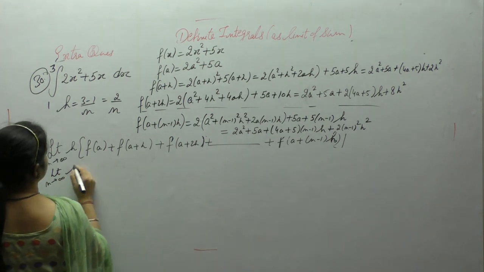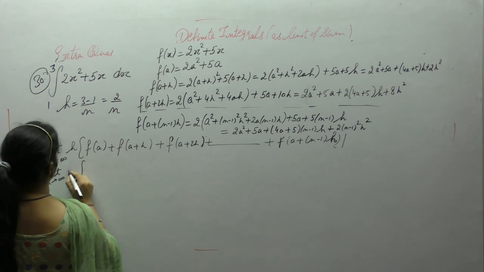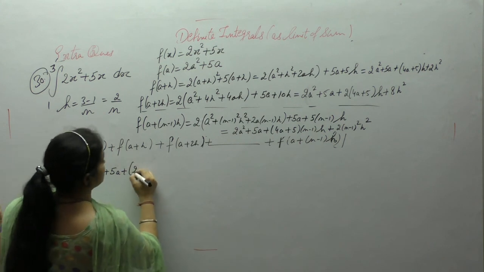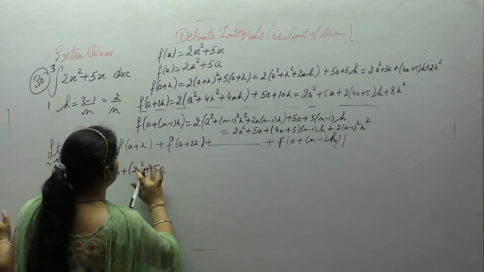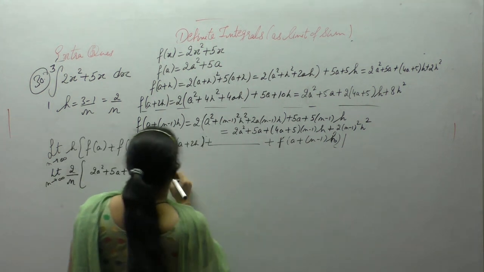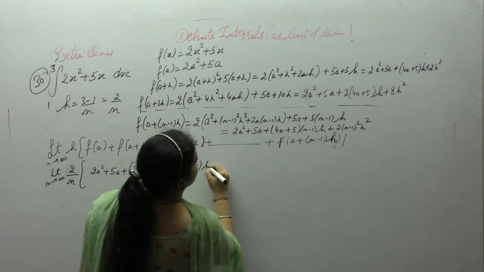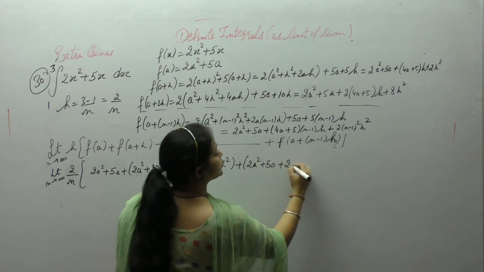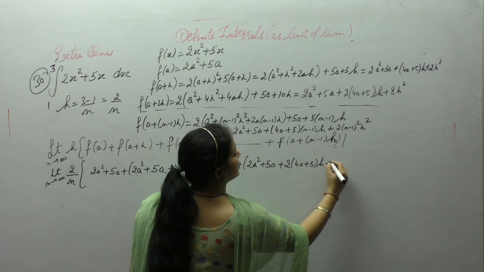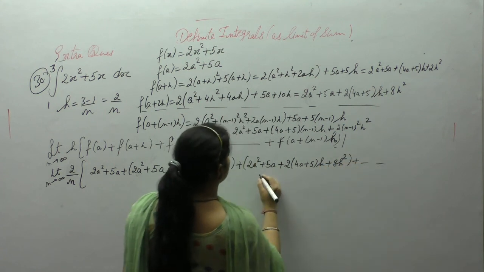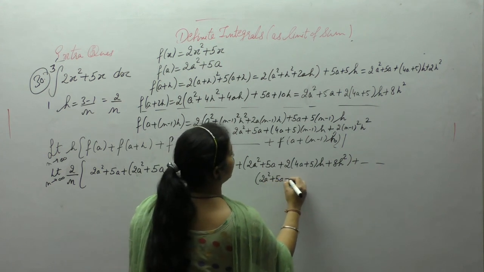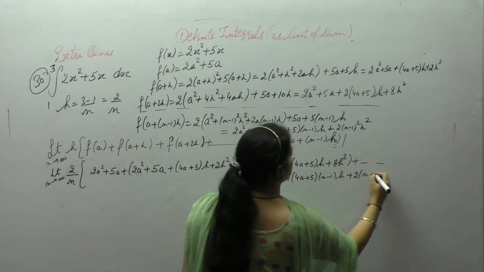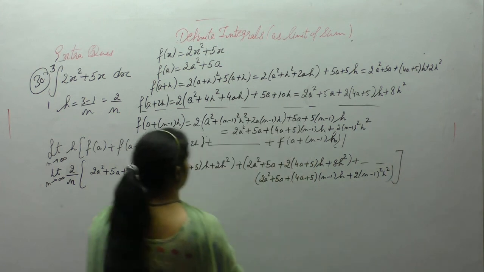Limit n tends to infinity, h is 2 by n. f of a is 2a square plus 5a, plus 2a square plus 5a plus (4a plus 5)h plus 2h square, plus 2a square plus 5a plus 2 times (4a plus 5) into h plus 8h square, and so on up to 2a square plus 5a plus (4a plus 5) into (n minus 1)h plus 2 (n minus 1) square h square.